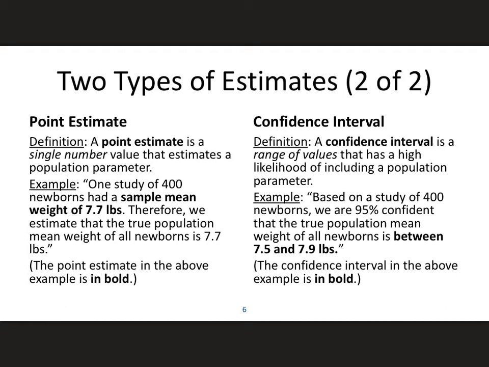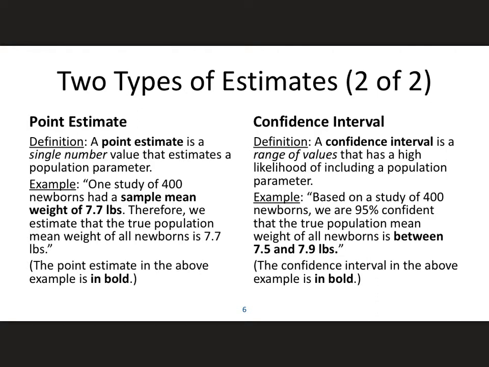An example would be one study of 400 newborns had a sample mean weight of 7.7 pounds. Therefore, we estimate that the true population mean weight of all newborns is 7.7 pounds. So the point estimate is in bold, where we're saying it had a sample mean of 7.7 pounds.